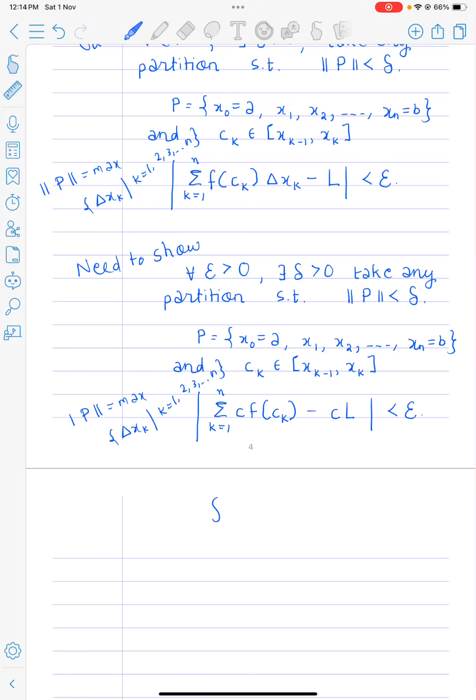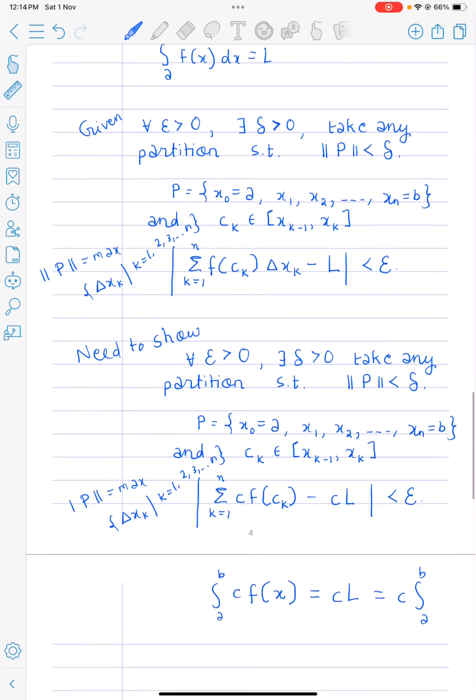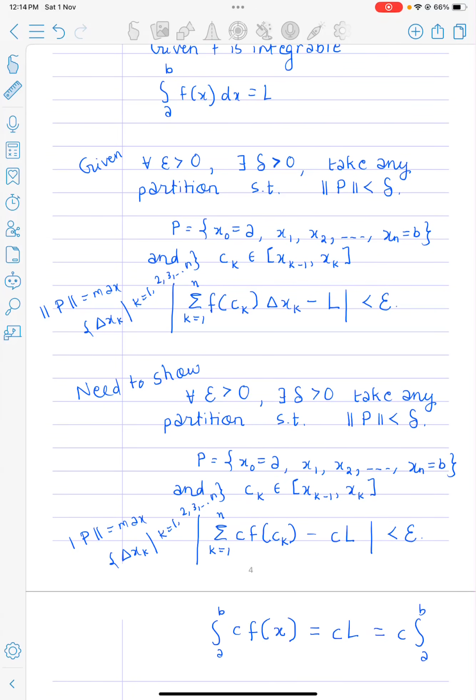Then we say that if this happens, and now you know L is this.